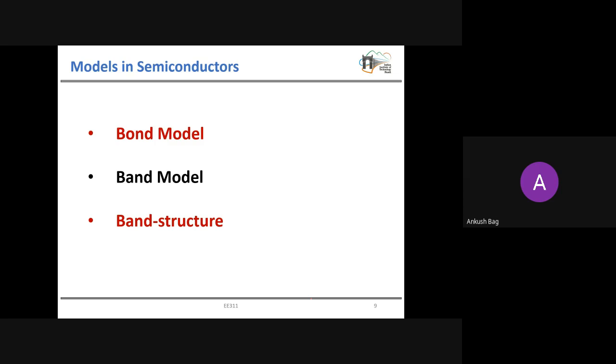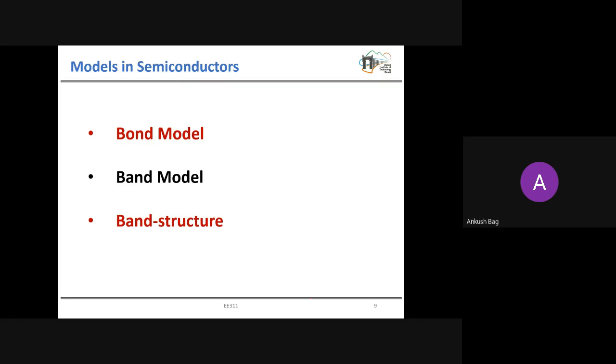So let us begin with the bond model. Complexity-wise, the bond model is the easiest to understand, then a little more complex is the band model, and finally the band structure. If you understand the band structure of any semiconductor properly, you can predict anything.